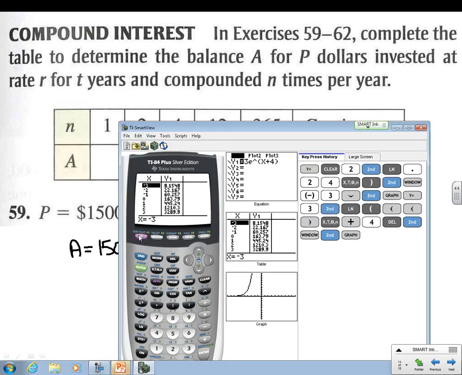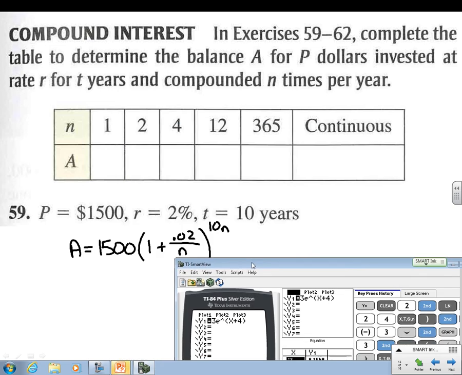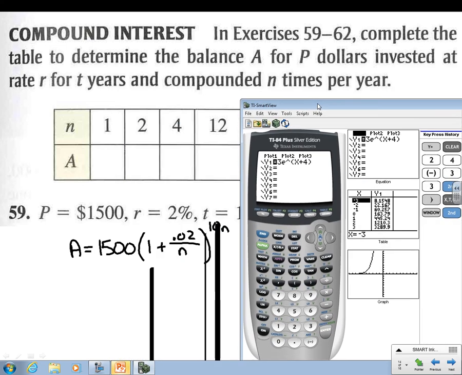So let's go to our y equals, and move this over so we can see it. Let me clear it off. 1,500 times 1 plus 0.02 over x, and notice I don't need parentheses here because order of operations is going to divide first and then add.